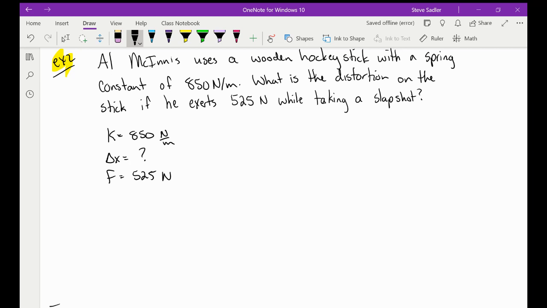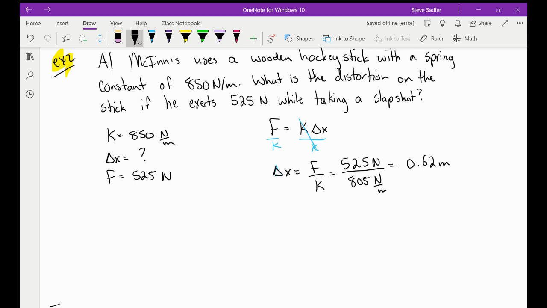The formula we are going to use, F is equal to K delta X. We're looking for delta X, so we can divide both sides by K. We want to get delta X by itself. So now we have delta X is equal to force over K. And we know the force was 525 newtons. The K is 850 newtons per meter. And that is going to be 0.62 meters.